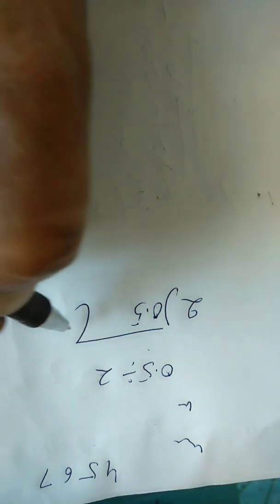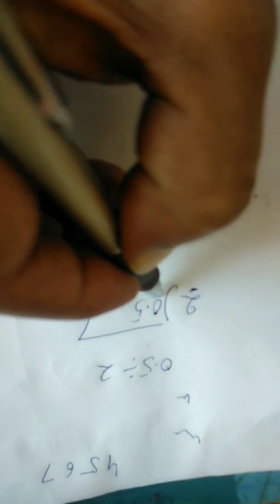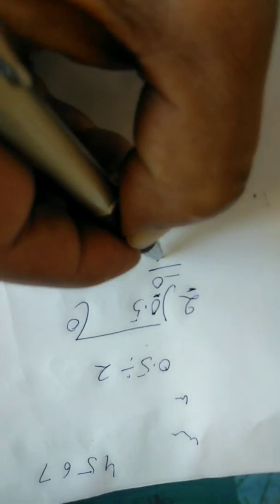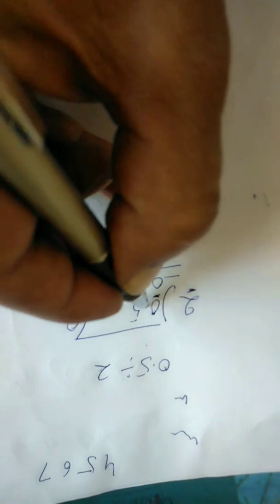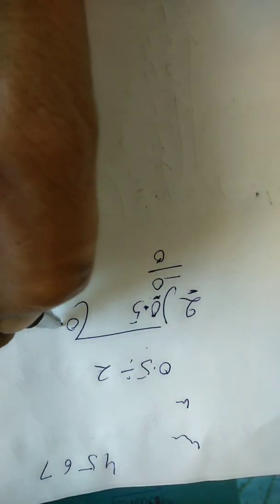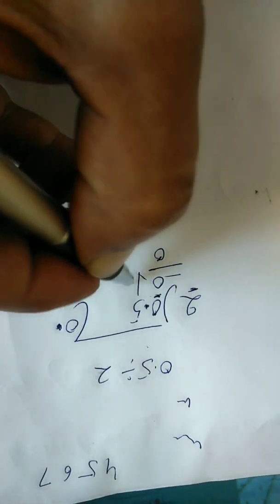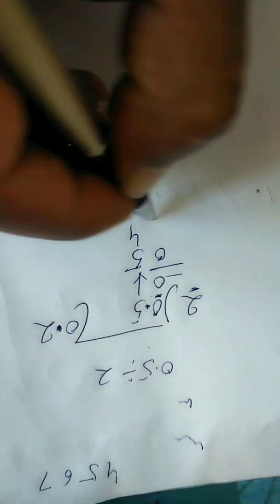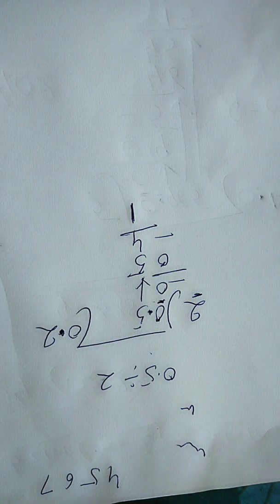Because 1 digit is in the divisor, you will take 1 digit from the dividend. So 2 0s are the 0. After that is the turn of the decimal. Put the decimal in the quotient. Now take down the next digit 5. 2 2s are the 4. So 1 is left now.